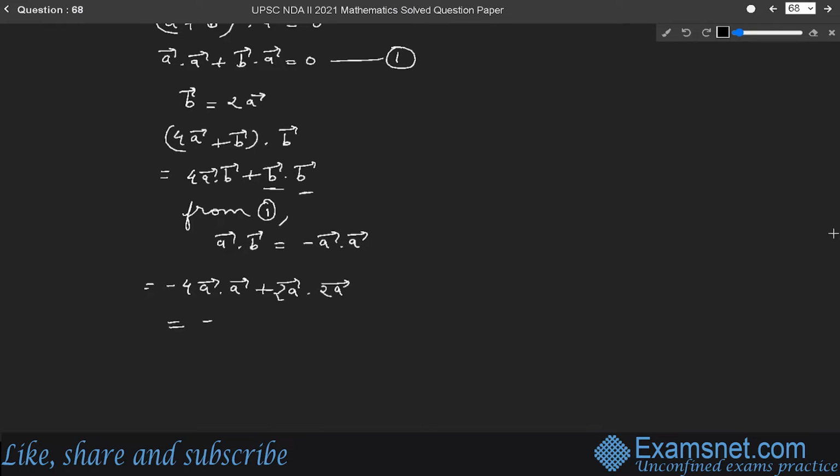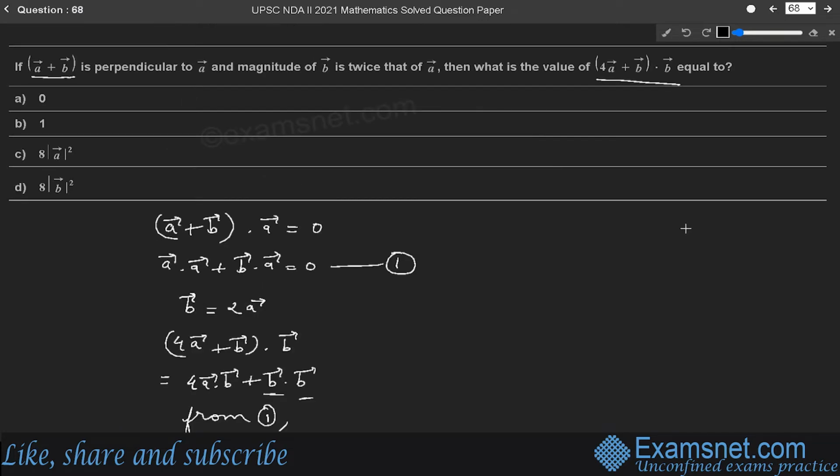So this will be equal to minus 4 magnitude of A square plus 4 into A square. So this is minus and this is plus, so it will be 0. So this is the value of 4A vector plus B vector dot B vector. So we can say that the correct option here is option A, which is 0.